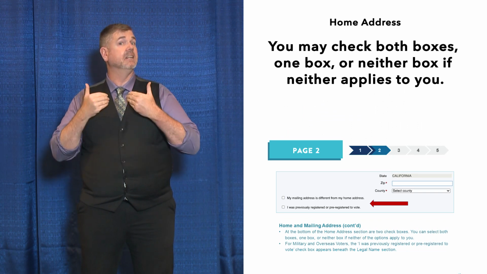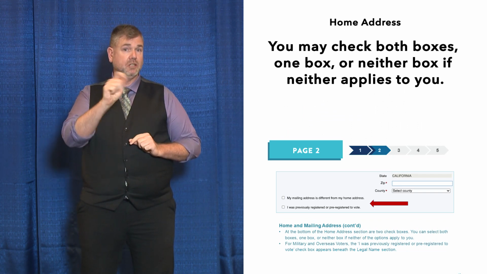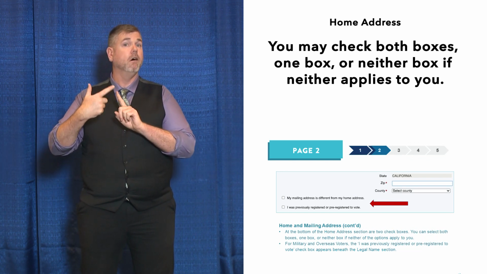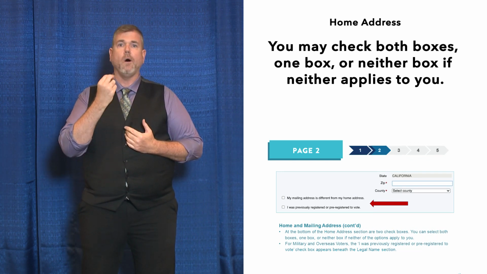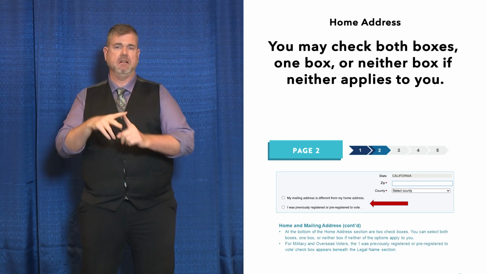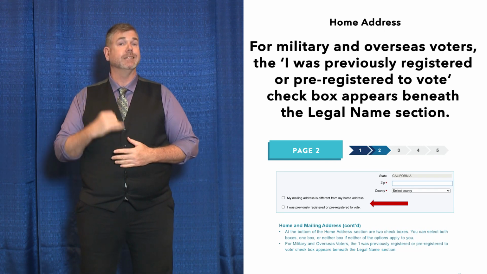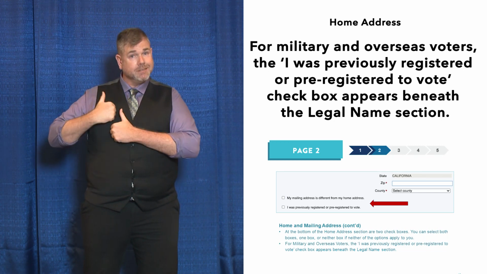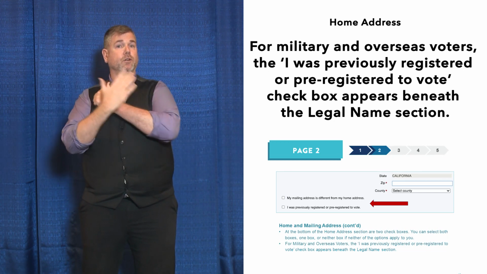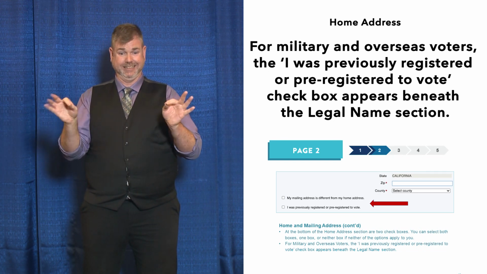You may check both boxes, one box, or neither box if neither applies to you. For military and overseas voters, the I was previously registered or pre-registered to vote checkbox appears beneath the legal name section.